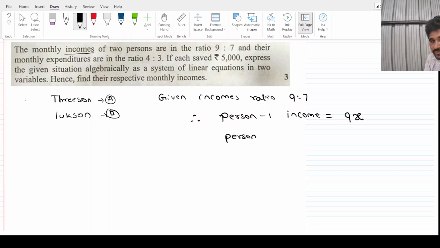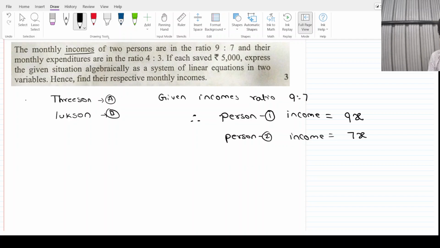Person 2 income is equal to 7x. Everybody clear with this? If they say 9:7, one person's income is how much? 9x. Second person's income is how much? 7x. Clear for everybody? Good.